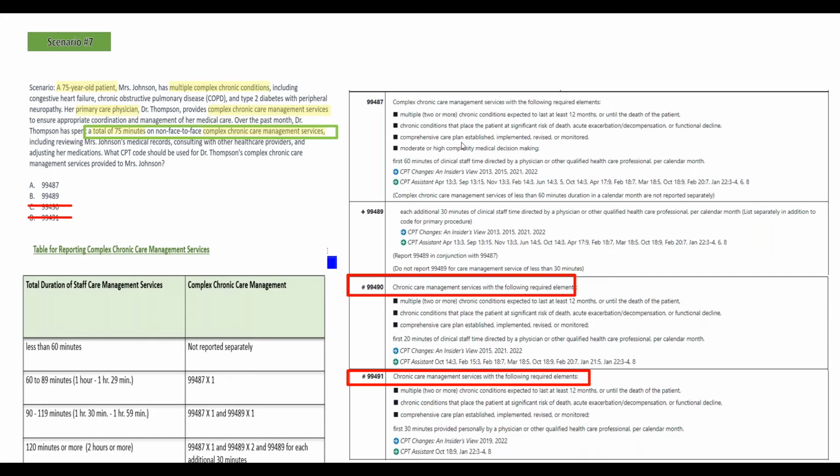Still, we can take the help of our table and place 75 minutes in the table. Where does it fall? It will fall in the 99487 column.